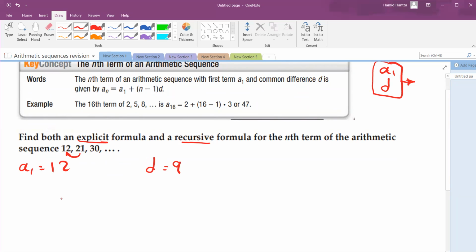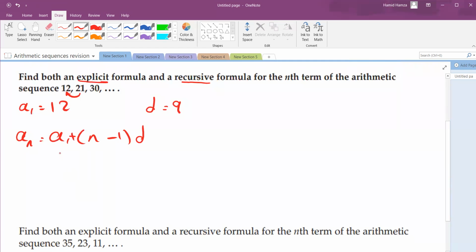So the nth term, or an, will equal a1 plus n minus 1 multiplied by d. We substitute, guys: a1 is 12, so 12 plus n minus 1 multiplied by d, which is 9.